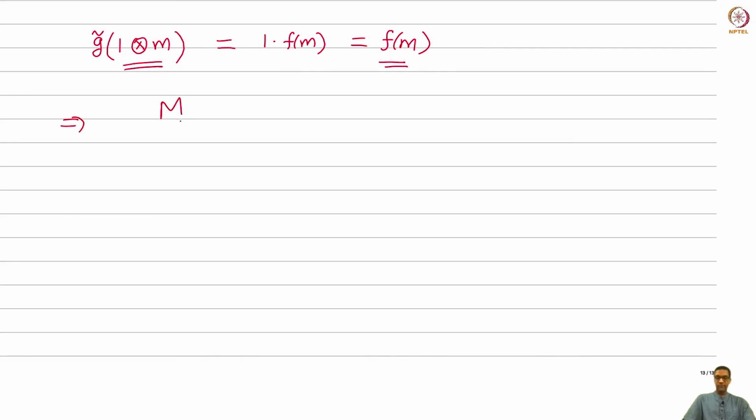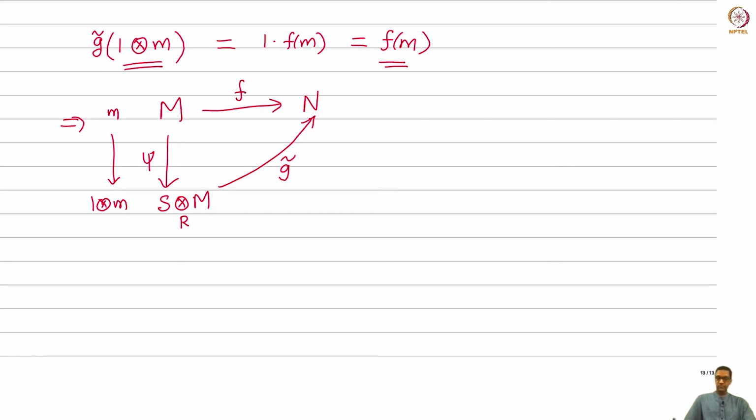Which means I now form a different diagram if you wish. So I have M and I look at my map psi from M going to 1 tensor M. So I have argued that there exists a map G tilde to N, with F. Okay, so observe G tilde certainly makes this diagram commute.